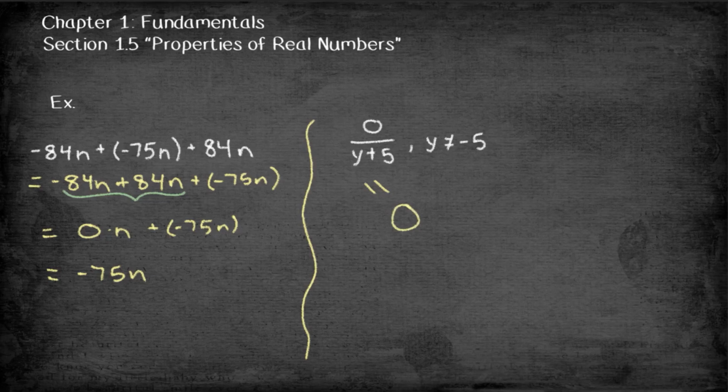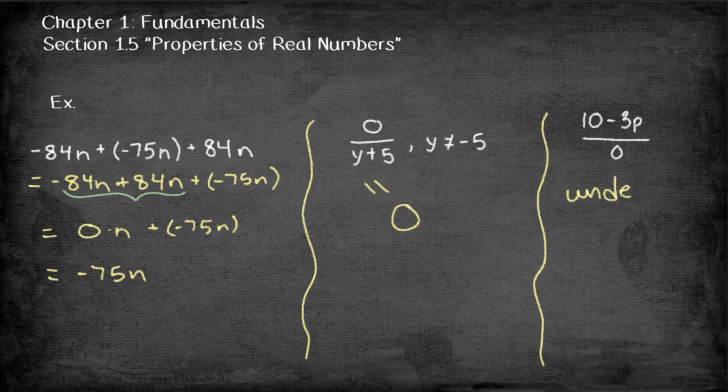So this simplifies pretty nicely down to 0. And finally, we have the quantity 10 minus 3p over 0. Anytime we see division by 0, we should be very quick to recognize that the operation is undefined, and there's nothing else to be done here. And that about wraps it up for this video.